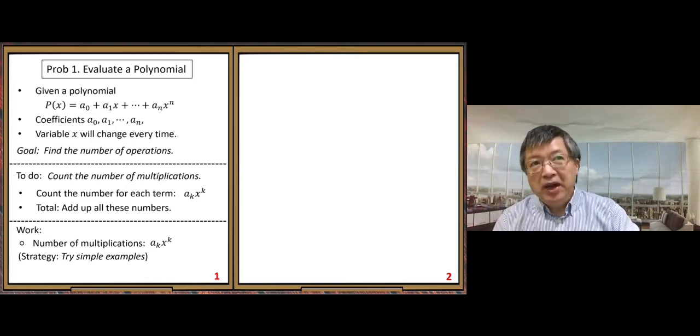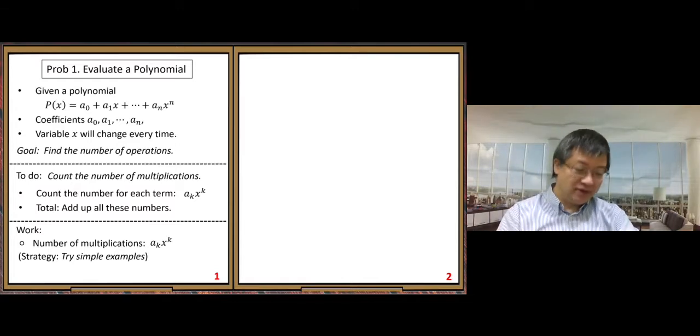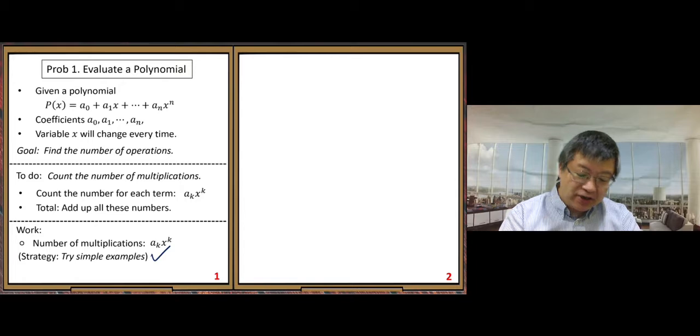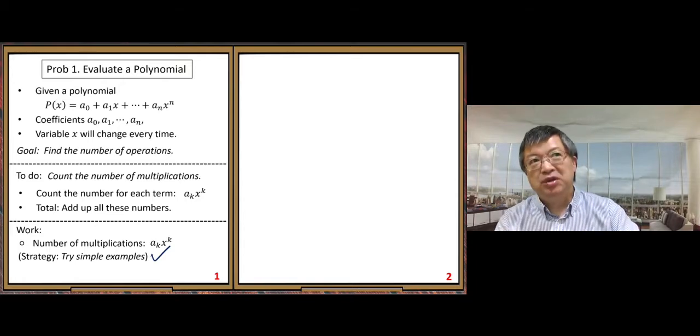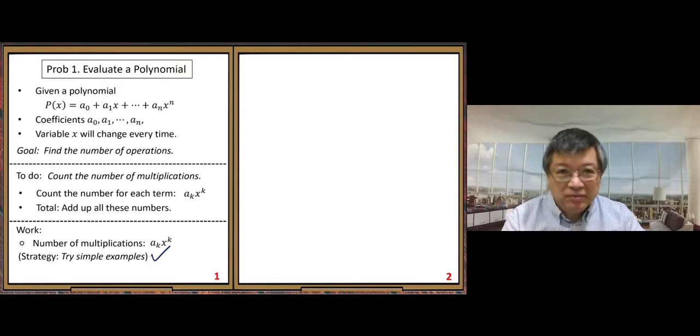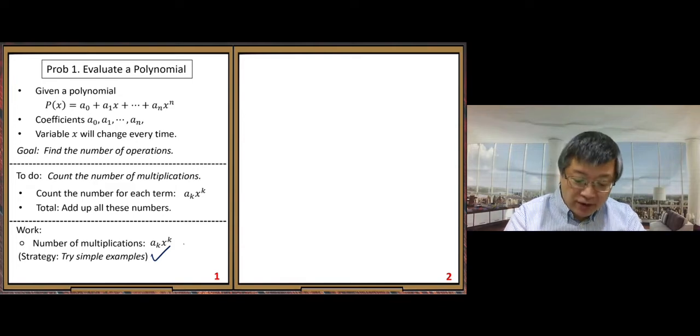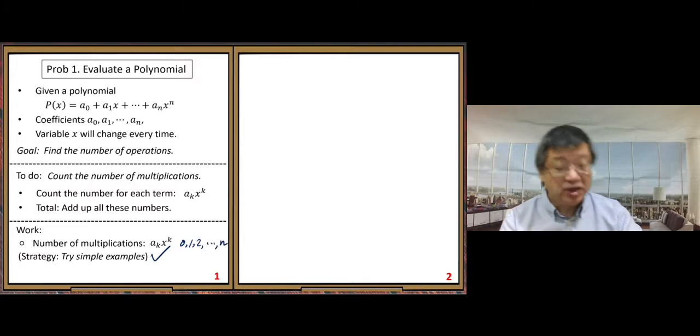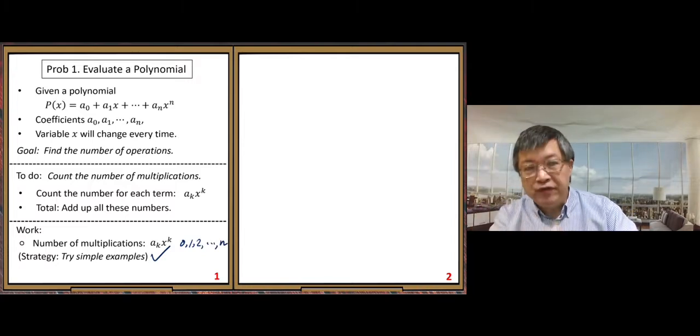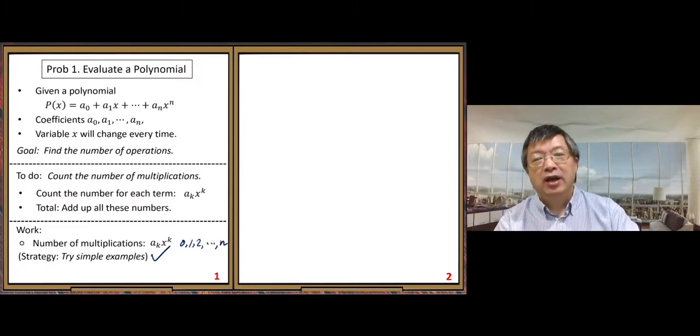When we have this situation, many times we use this strategy. What do I mean by that? Let me show you. We know k goes from 0, 1, 2 through n, based on our analysis in the previous video.